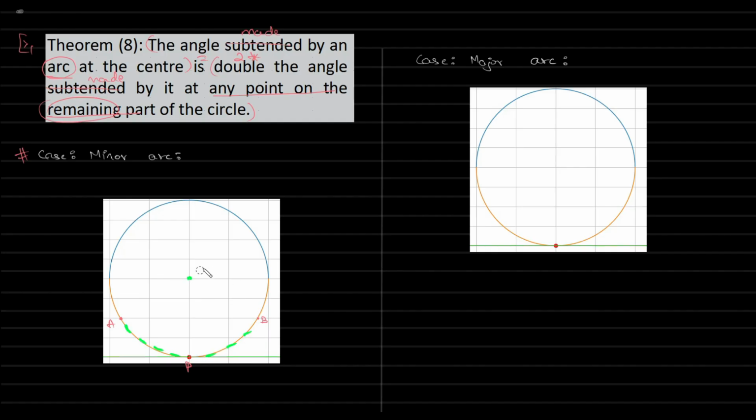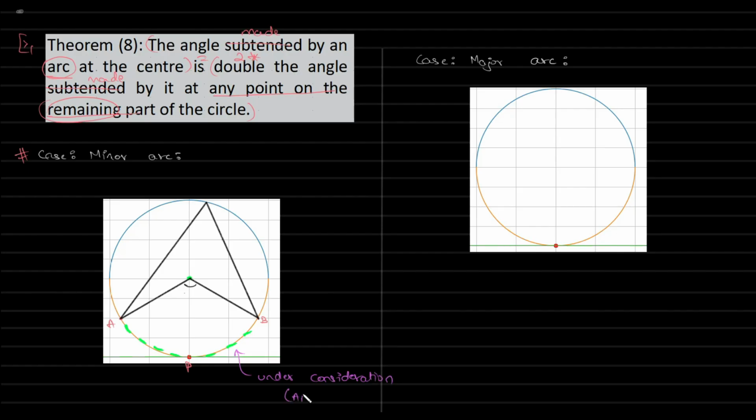So if this is the center, the angle subtended by this minor arc with the center will be something like this. Then this arc subtends some angle with the remaining part in this manner. Right? This will become the remaining part, is it not? See, we are considering this part of the arc, so this is under consideration.